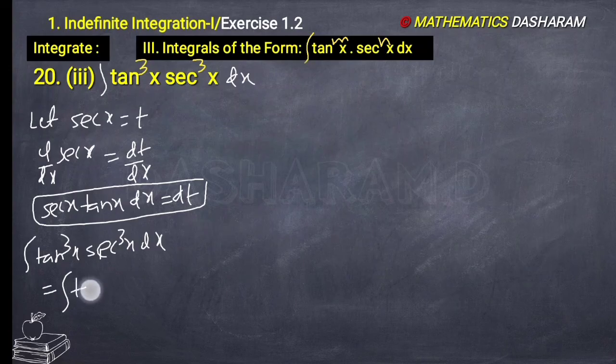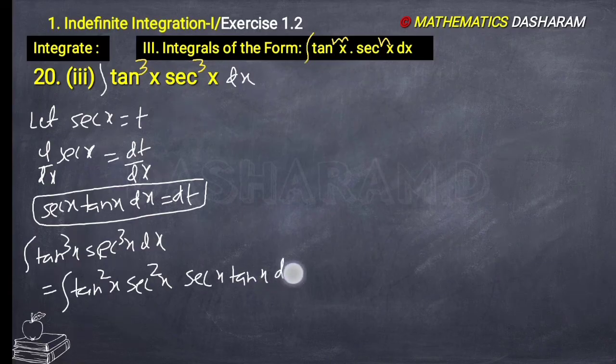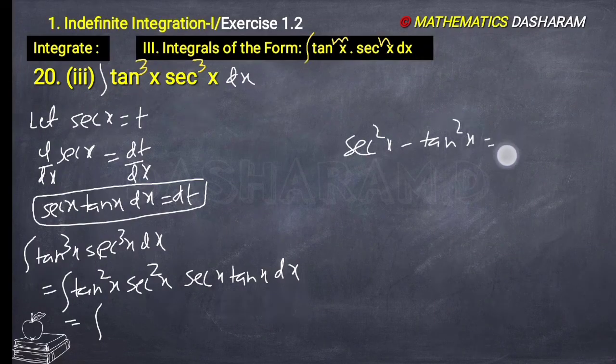Tan cube x can be written as tan square x, and sec cube x can be written as secant square x, and here sec x into tan x dx. We have one identity, secant square x minus tan square x equals 1. From this, tan square x equals secant square x minus 1.